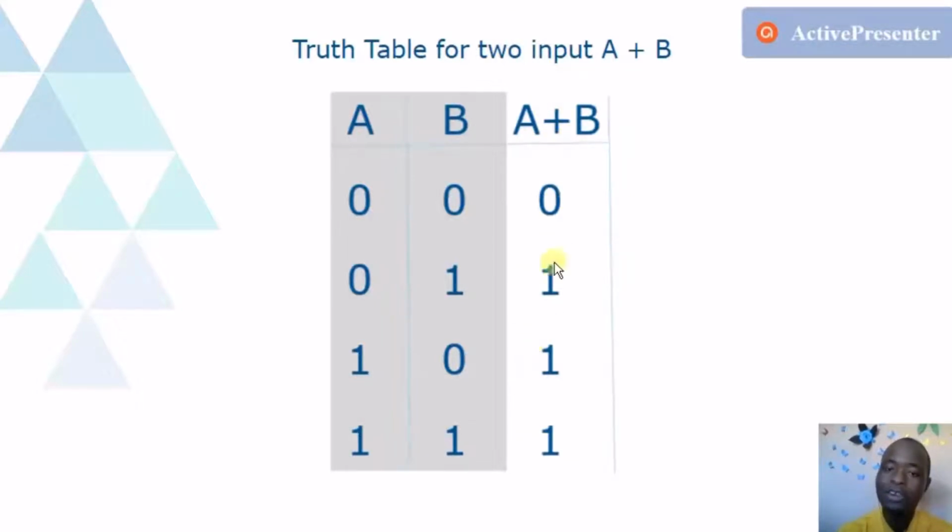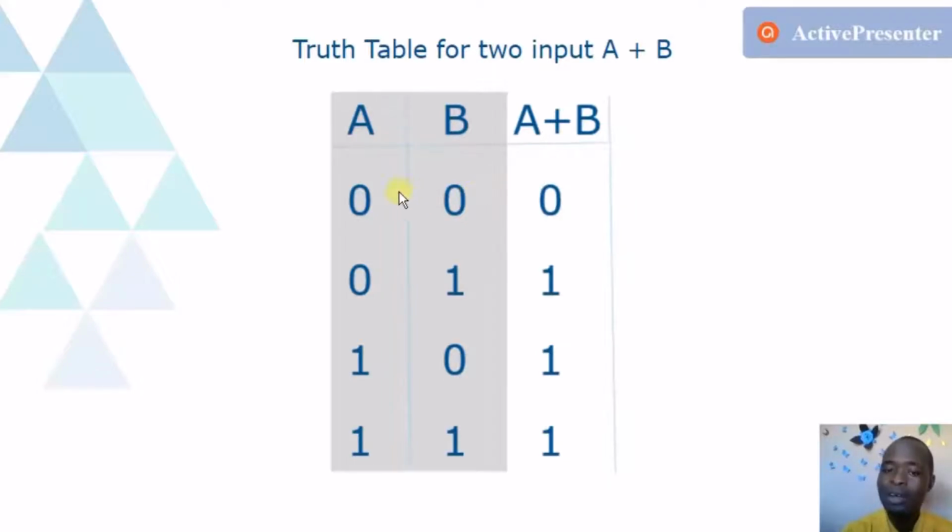Whenever either one of A or B is true, then your A plus B will be true. Assuming you have 1 here and 0 here, your A plus B will be 1. And when you have 0 here and 0 here, you have 0 as your output.